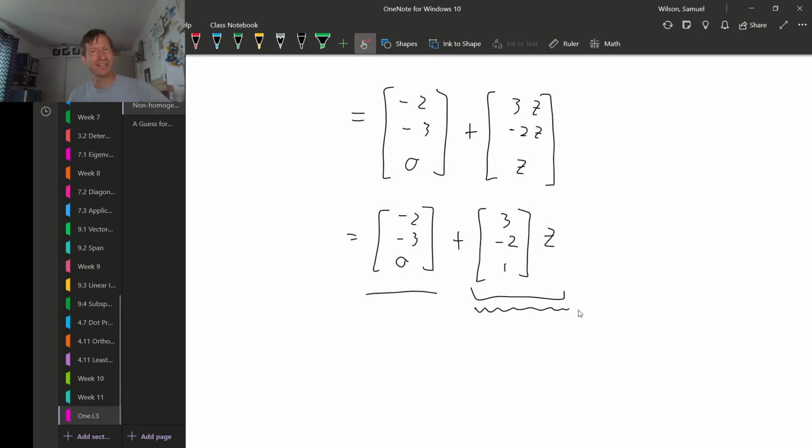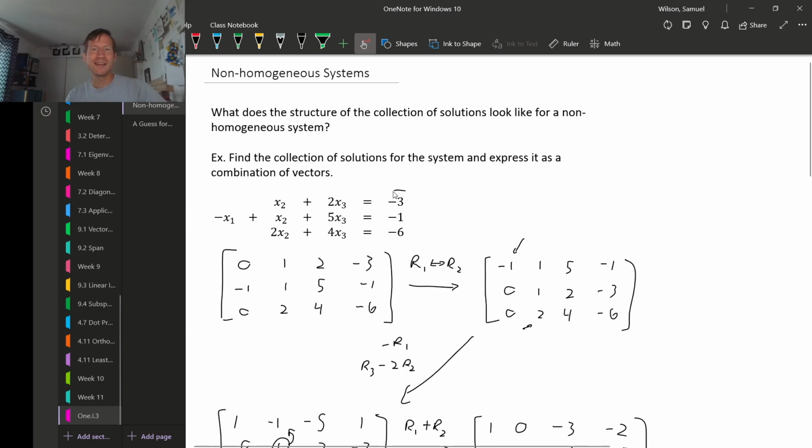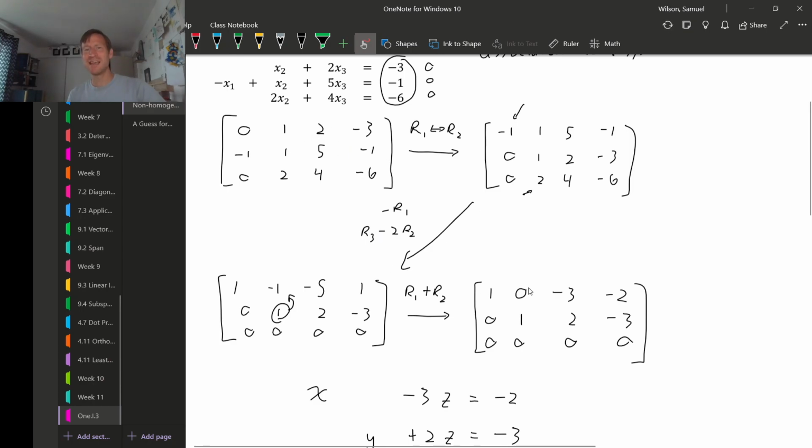It's actually, if you go back to the original system of equations, if you imagine replacing this right-hand side with zeros and then solving the resulting homogeneous system, which we call the associated homogeneous system, what would row reduction look like for this associated homogeneous system? Well, it would be exactly these same row reduction steps.